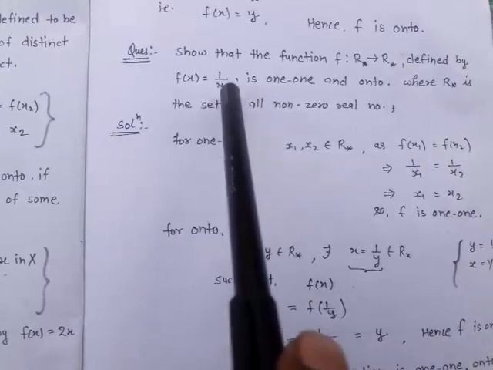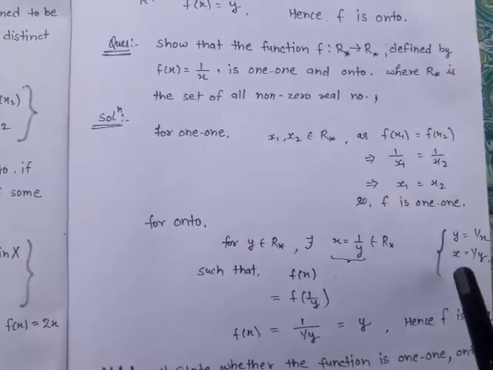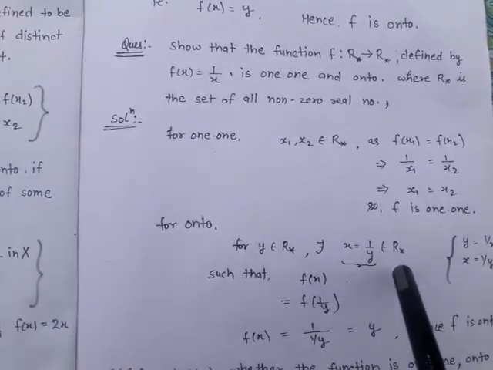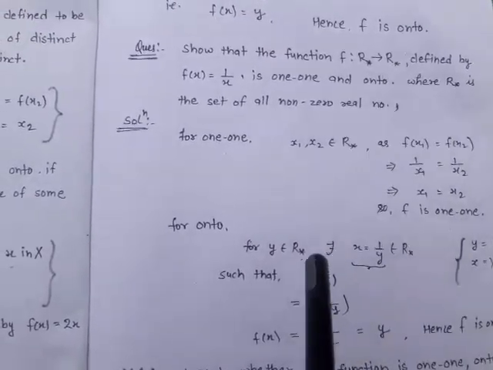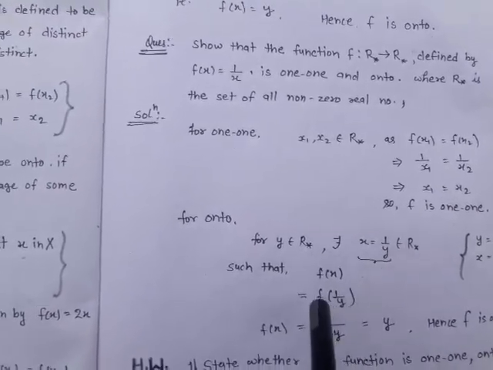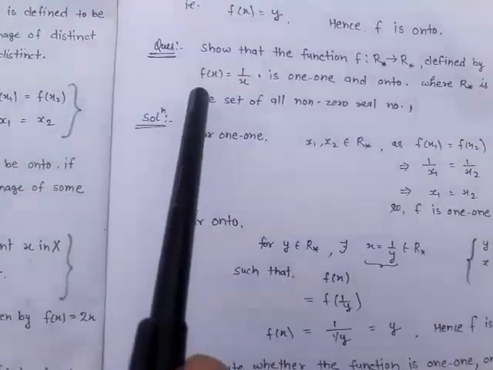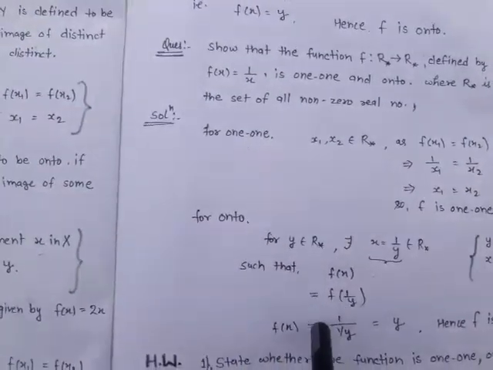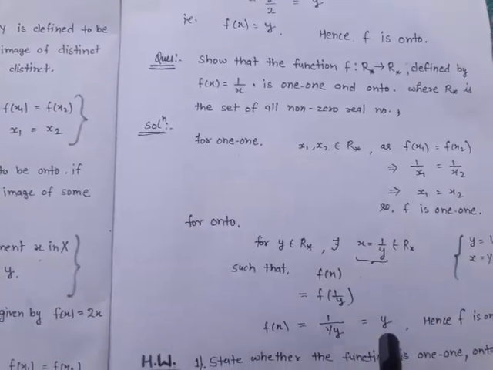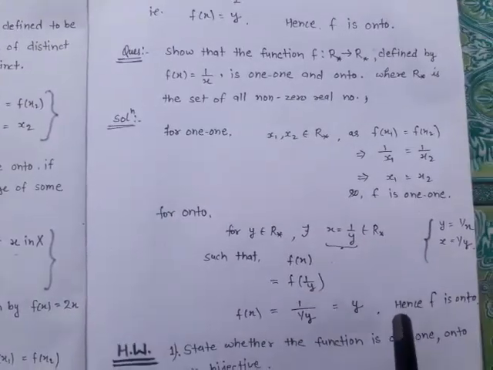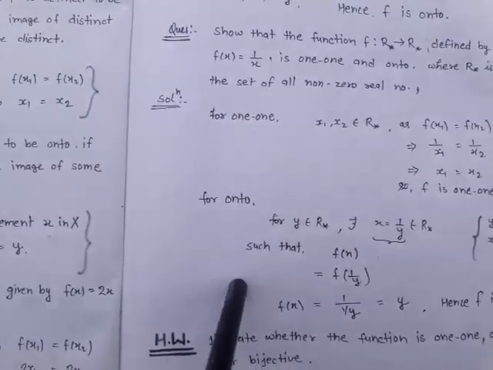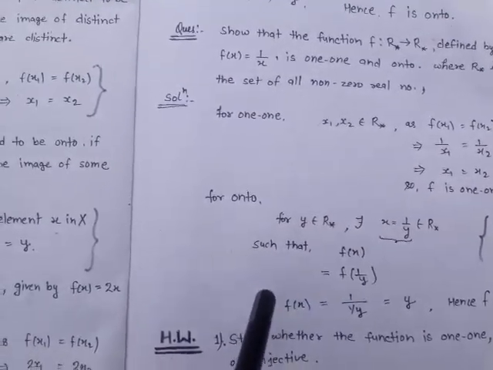So y = 1/x, we get x = 1/y. We put this: there exists an x = 1/y in R* such that f(x), in place of x we put 1/y, f(1/y) = 1/(1/y). Solving, we get y. We get f(x) = y. This is the pattern of onto, so f is onto. So the given function f is one-one and onto both, so it is also bijective.